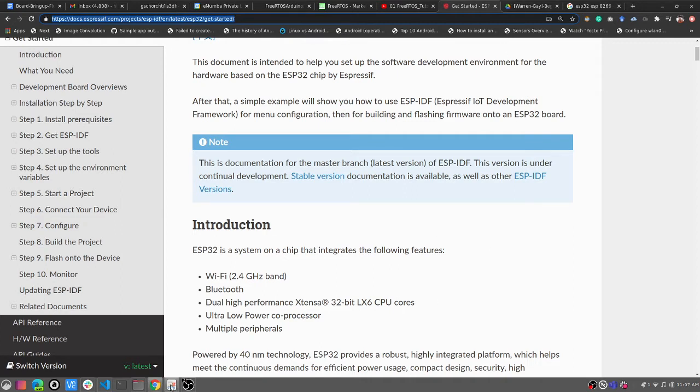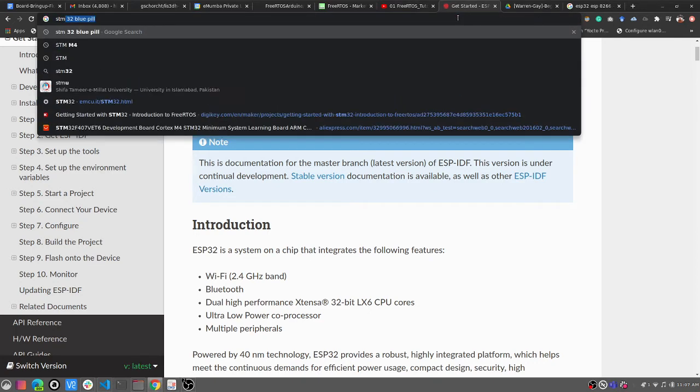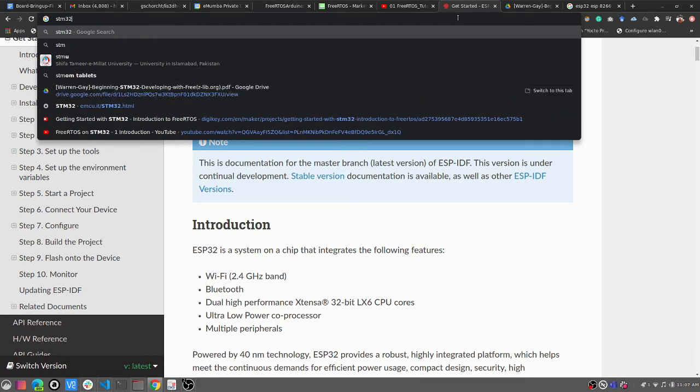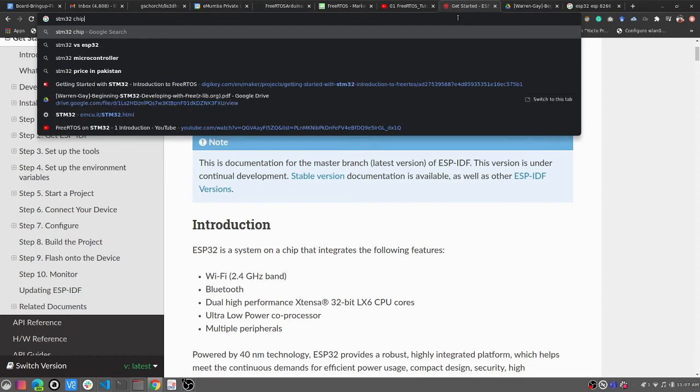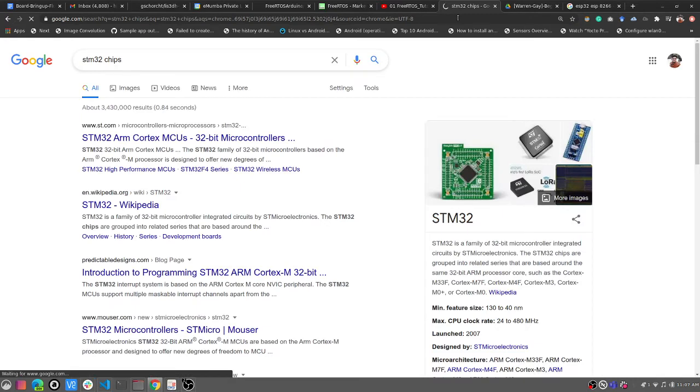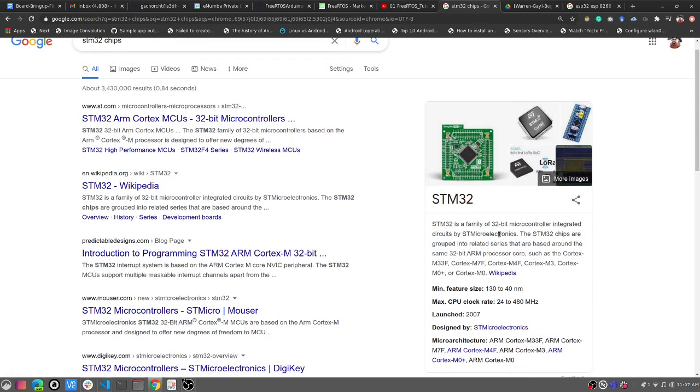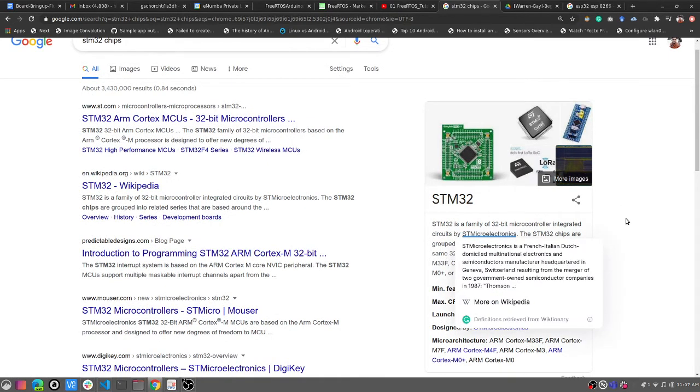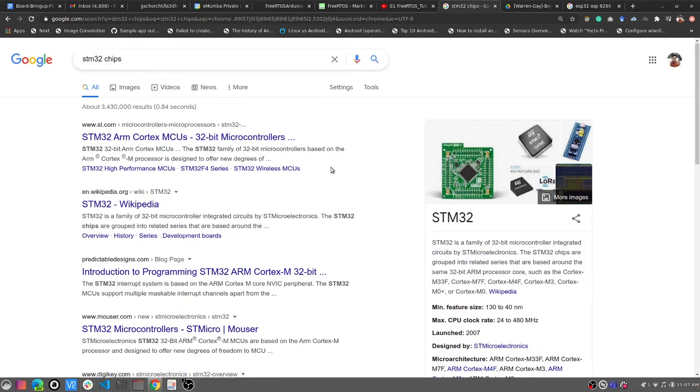Moving towards the second direction you can take, and that is from STM solutions, STM32. STM Electronics is another vendor making chips based on ARM architecture, and their M series is very famous in the field.